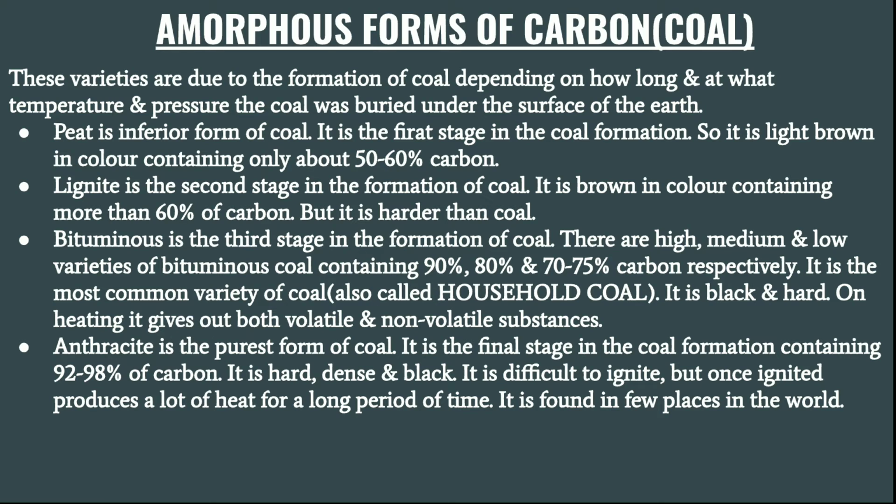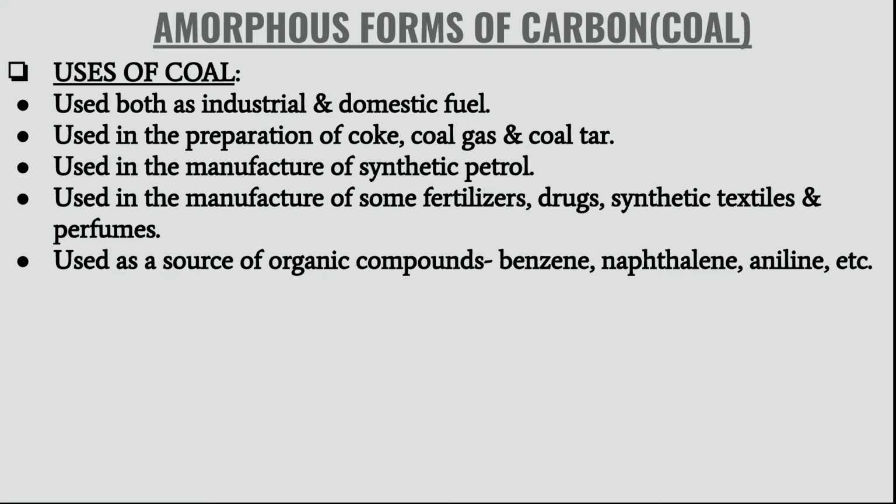Now next are the uses of coal. Coal is used both as an industrial and domestic fuel. It is used in the preparation of coke, coal gas and coal tar: if we perform destructive distillation of coal, we get coke, coal tar and coal gas.